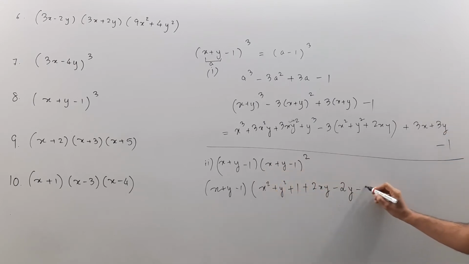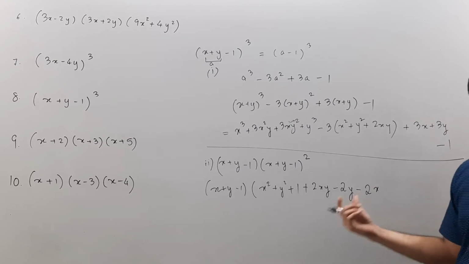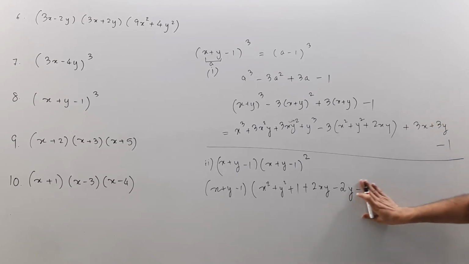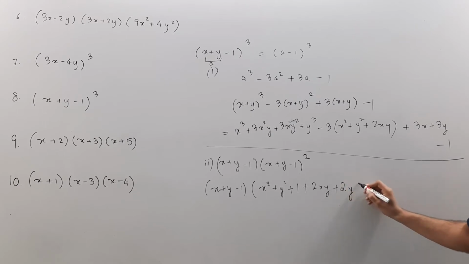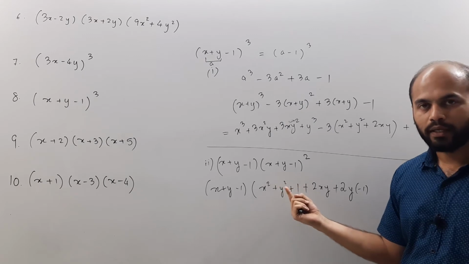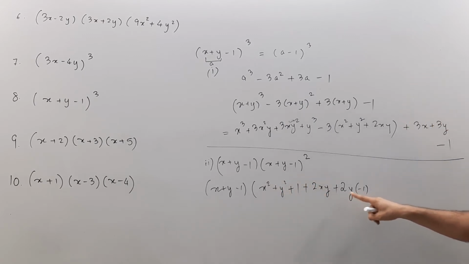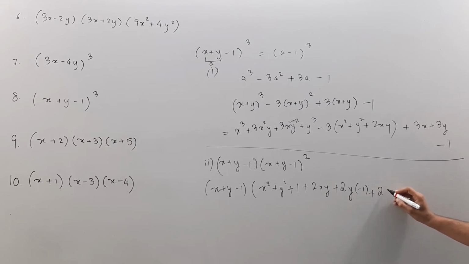So that would come as 2 times x into 1. Actually speaking, what happens over here is that we are doing plus 2 times y into minus 1, because here a is x, b is y and c is minus 1. So this would come as 2y times minus 1, and this would be 2x times minus 1.